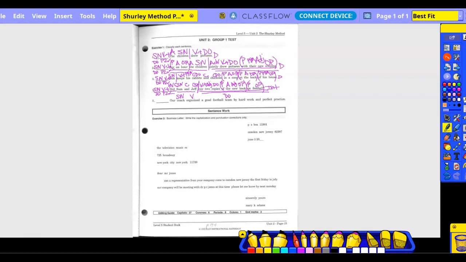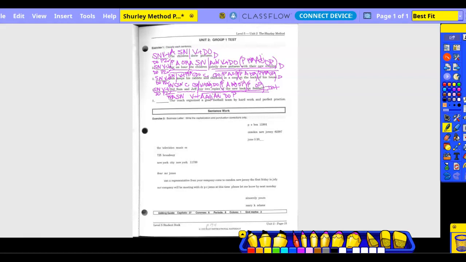Okay, so organized then becomes the verb transitive. Who's coach? What kind of adjective? A. What kind of team? Football, right? What kind of team? Good. Adjective. By what?